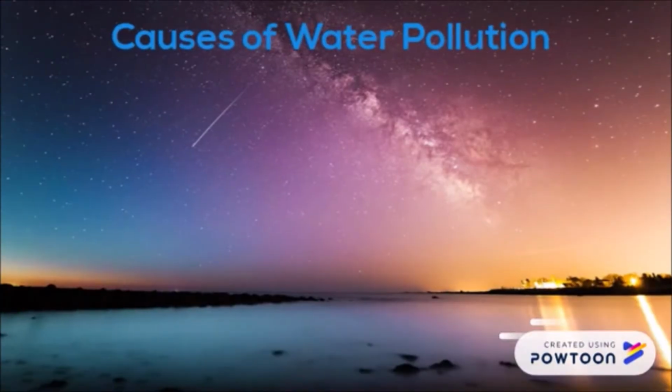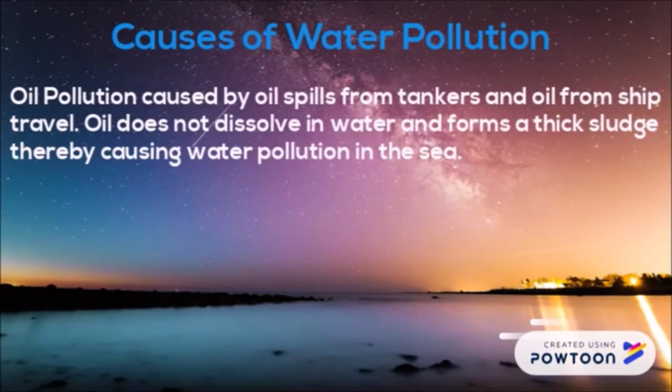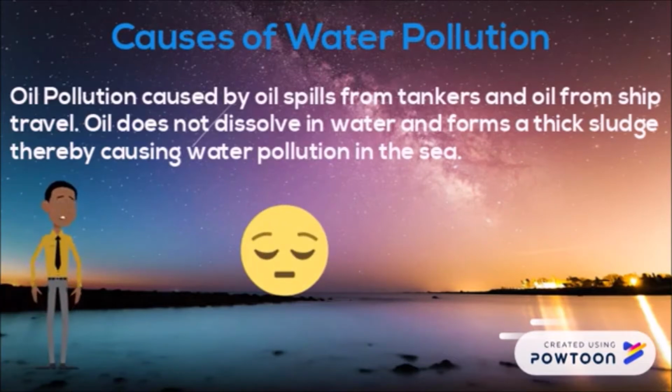Oil pollution is caused by oil spills from tankers and oil from ship travel. Oil does not dissolve in water and forms a thick sludge, thereby causing water pollution in the sea.